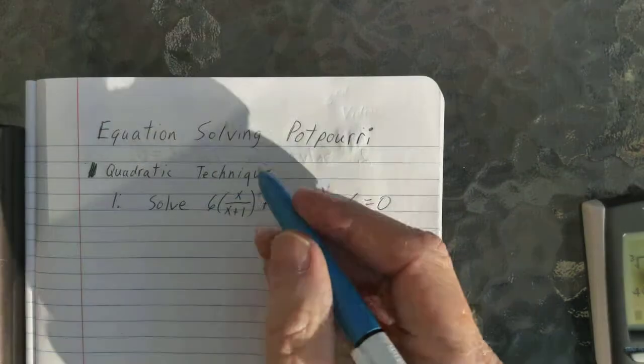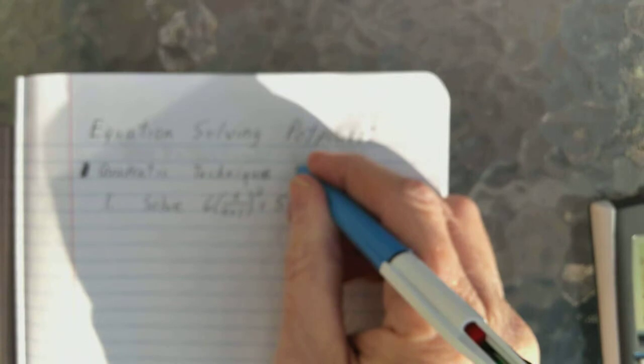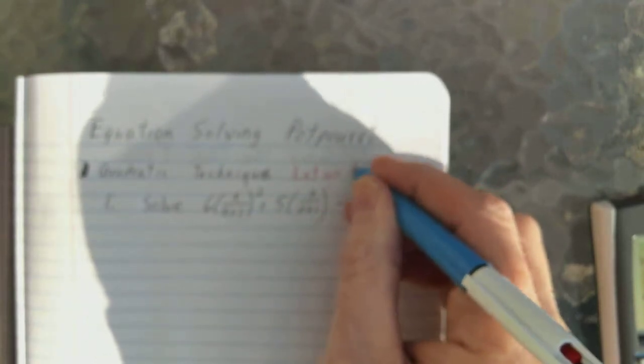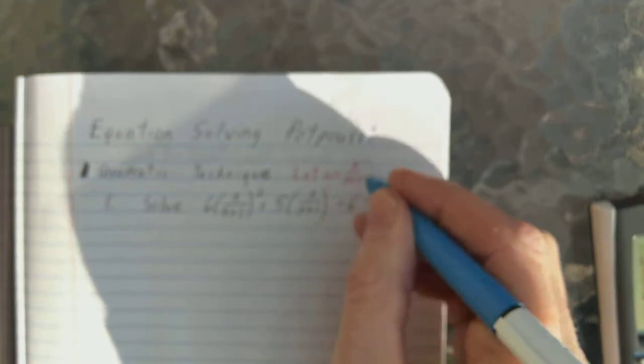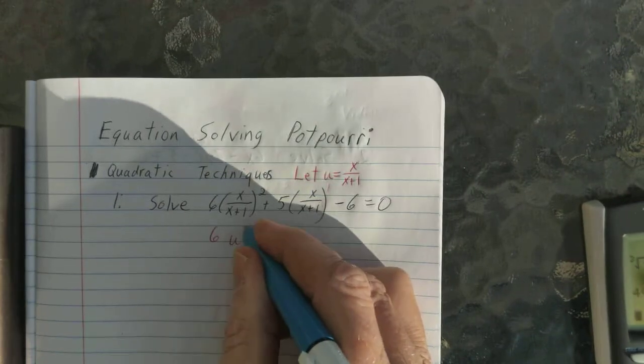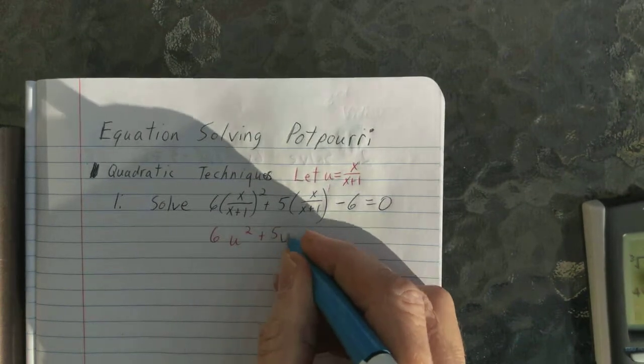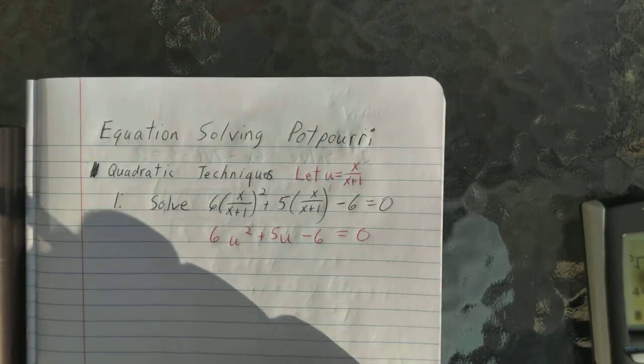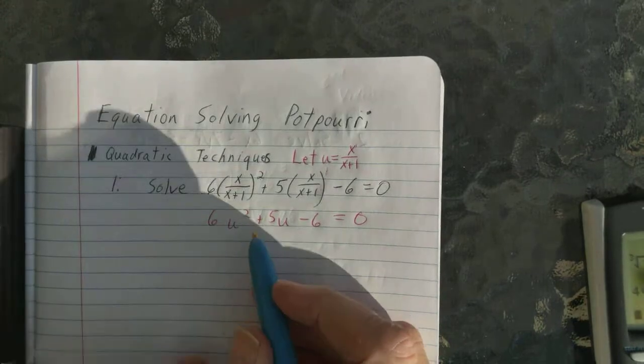So on this problem, I'm going to let u equal x over x plus 1. And then I'll write 6u squared plus 5u minus 6 equals 0. Well, let's see.